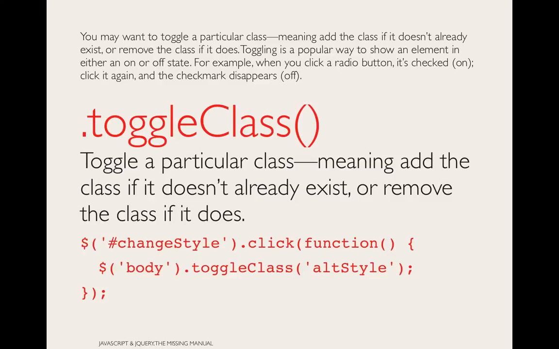You assign an event handler for a click to the jQuery selector there. And inside the click method, there's an anonymous function which gives a whole bunch of things to happen on a click. In this instance, we're just toggling a class on the body tag. An anonymous function that's inside as a parameter to the click method.